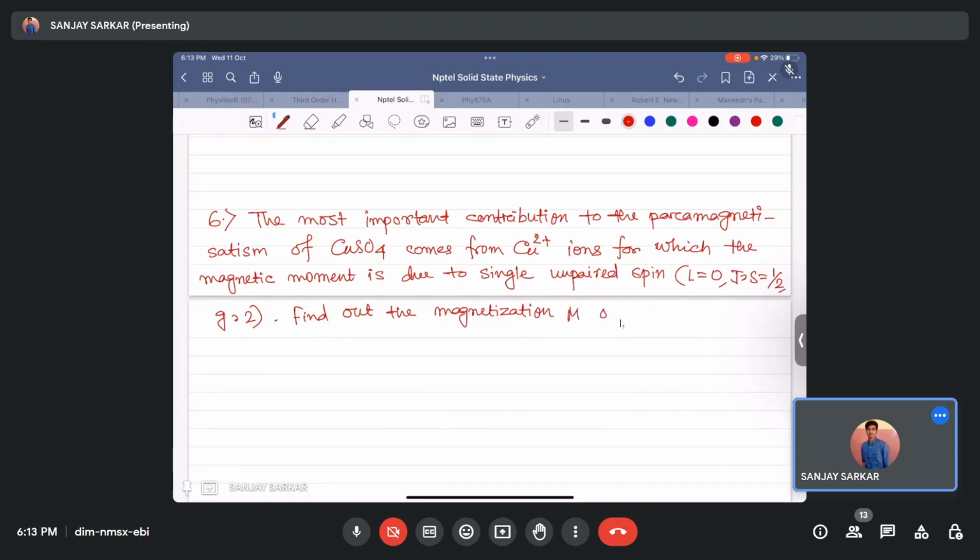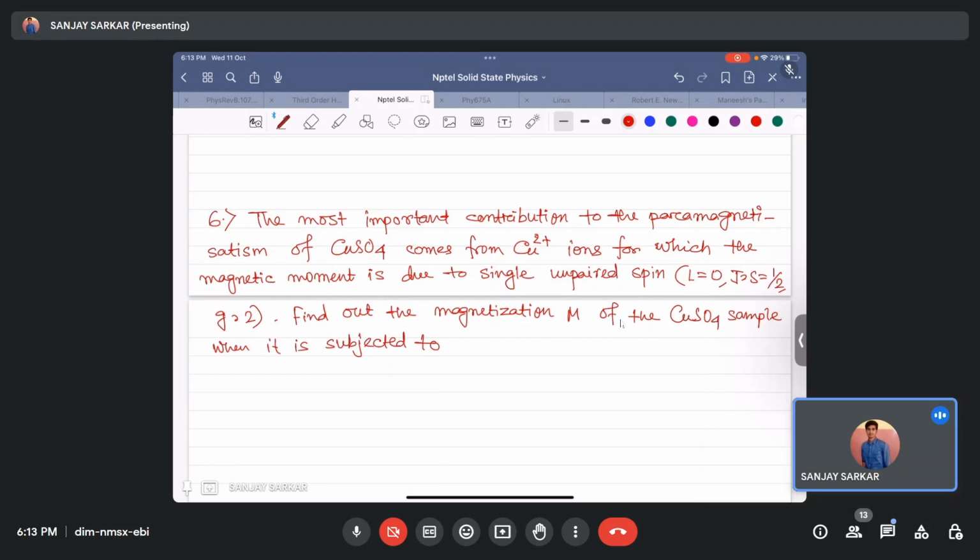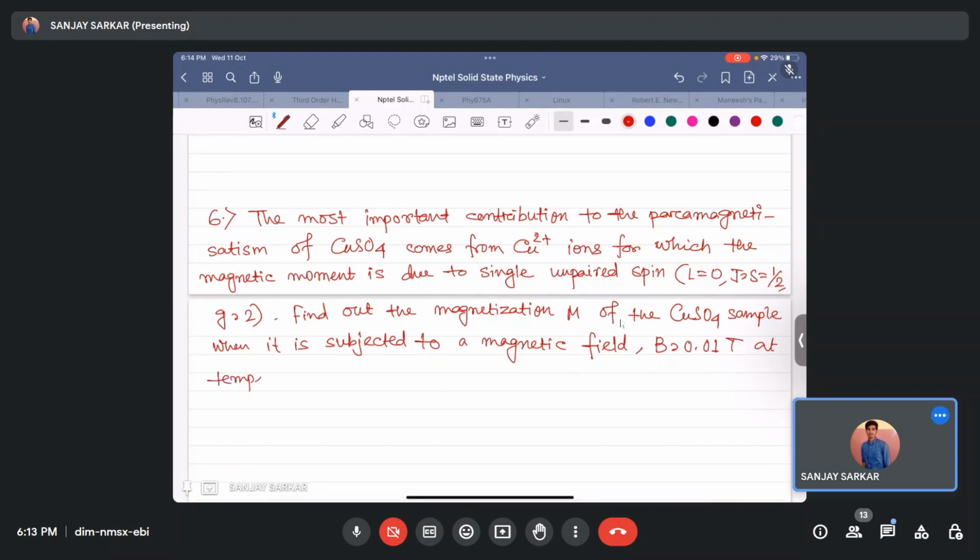M of the CuSO4 sample when it is subjected to a magnetic field B equal to 0.01 Tesla at temperature T equal to 300 Kelvin.